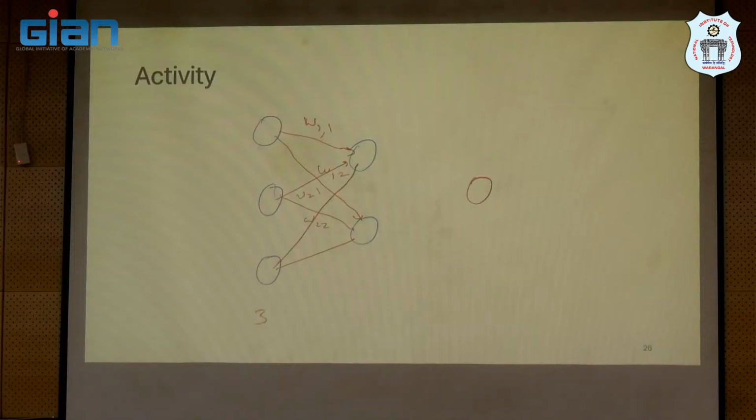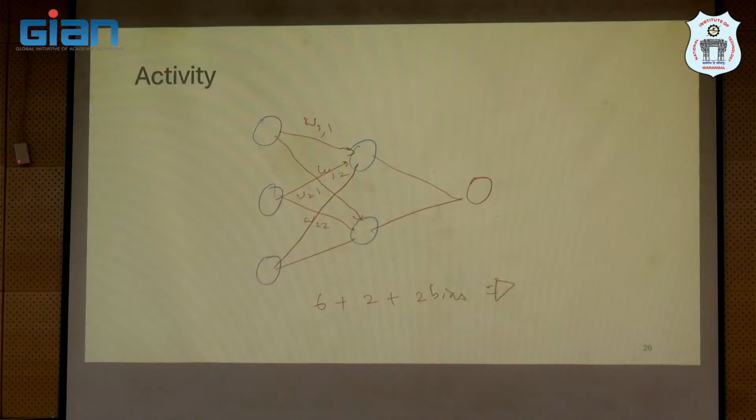So there are 3 and 2 entities, which means there are 6 weights here. Then in this layer there are 2 weights. And there are 2 neurons, so there will be 2 biases, right? So 6 plus 2 plus 2 bias.